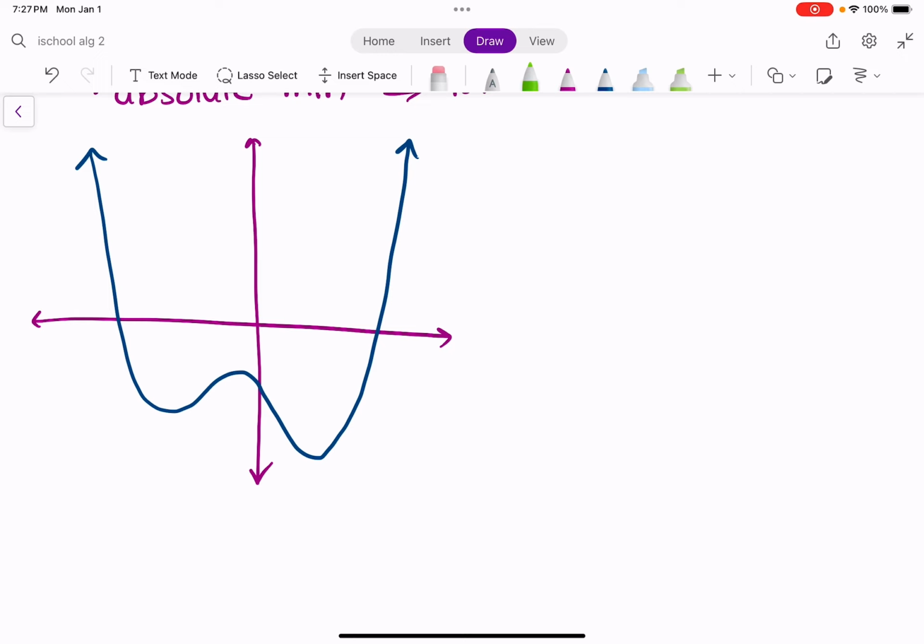So one of the relative minimums, we have two minimums, here and here. So both of these are what we call relative minimums, right? These are both relative minimums. But the one on the right is lower. So this also is what we call the absolute minimum because it's the lowest one.